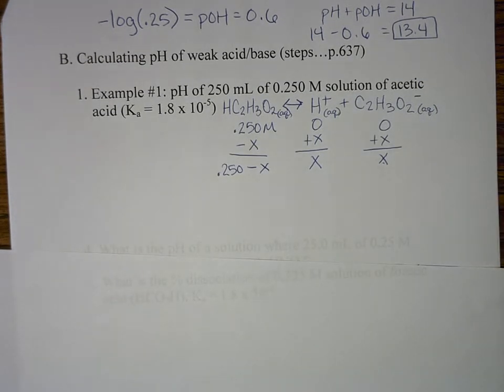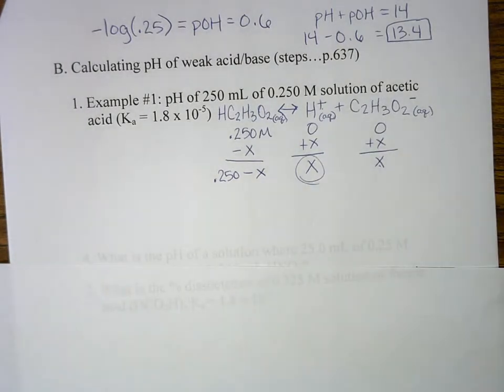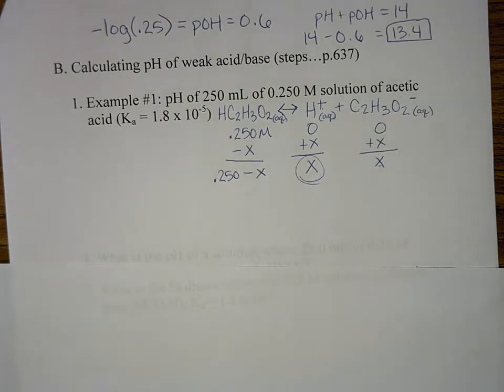And again, since the question is asking me for pH, my whole goal is to figure out the concentration of hydrogen ions so that I can just negative log it and figure out what the pH value is. Now, my concentration of hydrogen ions is x, so I need to solve for x, which you guys did in chapter 13. So it's kind of a review.